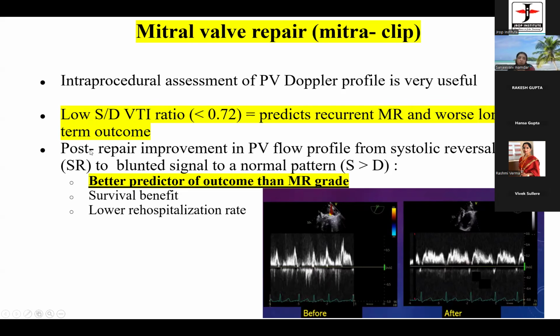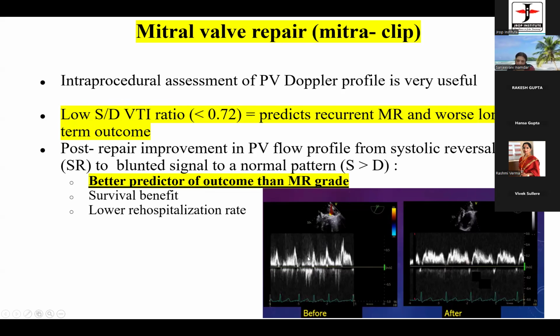But during post-repair improvement in PV flow, that is the moment they put mitral clip and they look at S and D. If systolic reversal is converted to blunted signal or from blunted to normal, it is a best predictor of outcome than even your grading of MR.